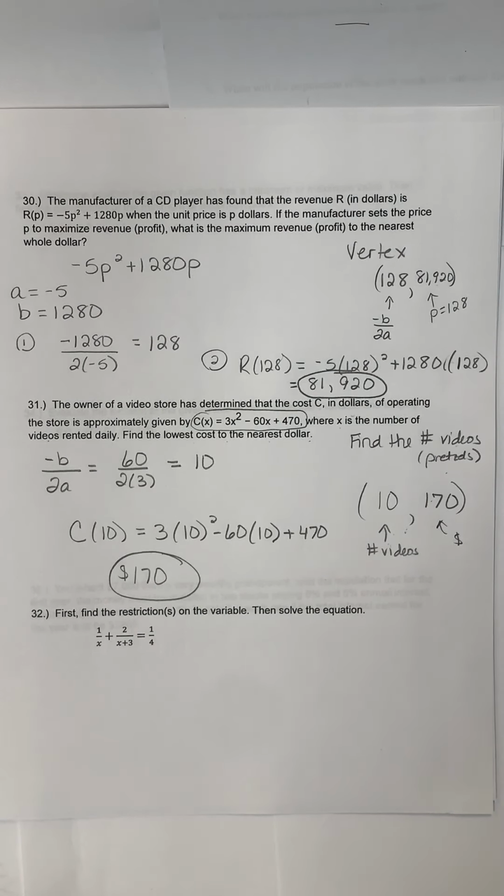Okay. Now I'm going to combine like terms. This is going to be 12x plus 12 on the left, x squared plus 3x on the right. Okay, I'm going to move all my terms to the right and combine, and I'm going to get x squared minus 9x minus 12.